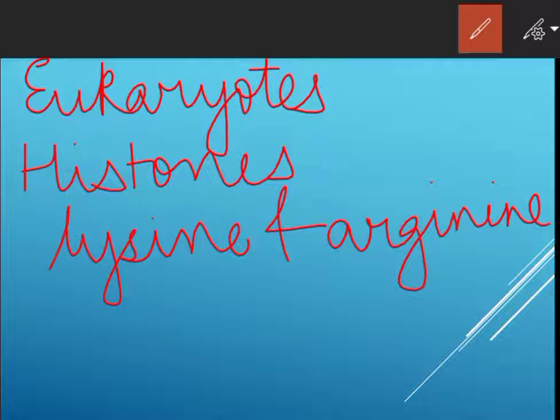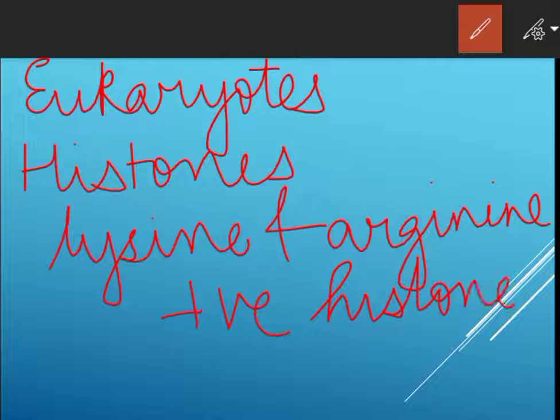Both of these amino acids carry positive charge on their side chains. So histones are a set of positively charged basic proteins. These histones organize themselves to make a unit of 8 molecules, which is known as histone octamer.